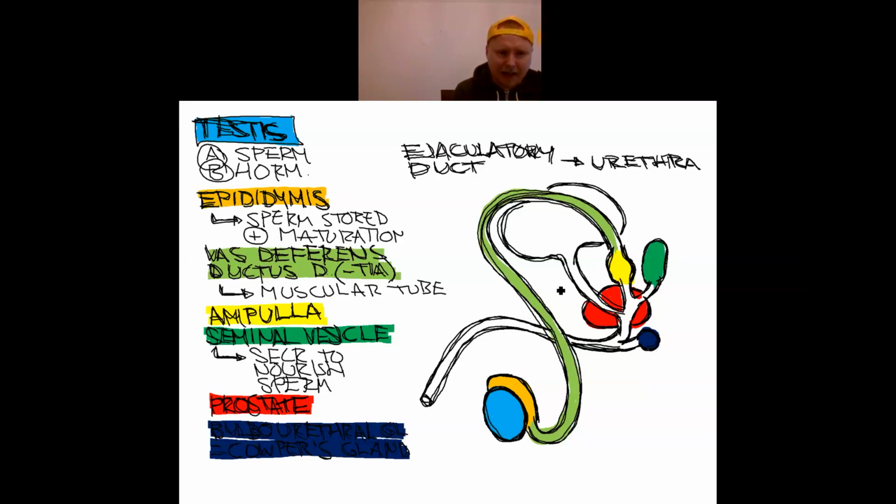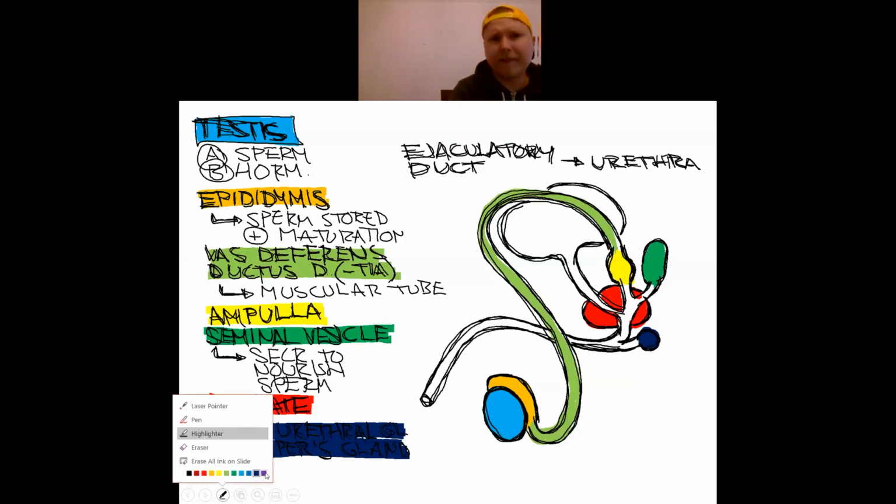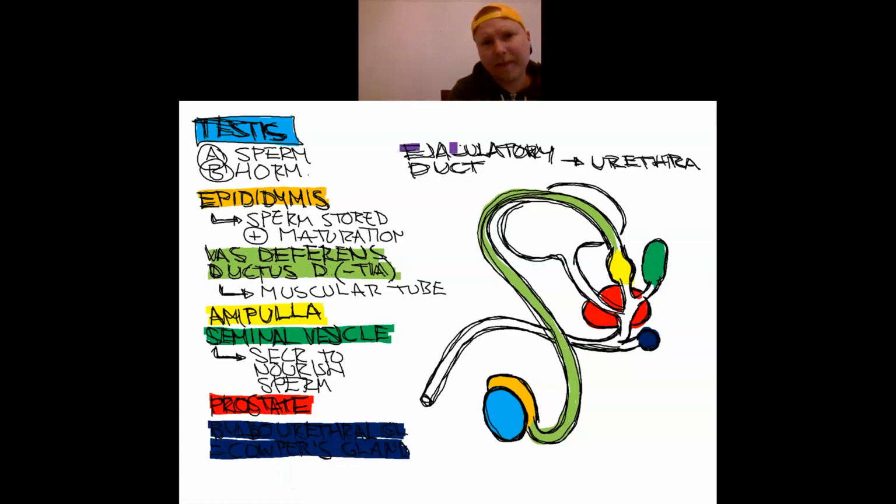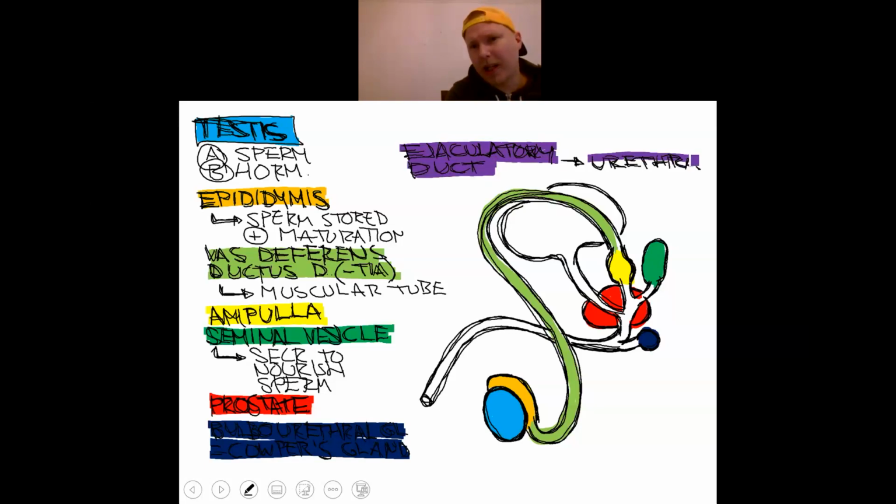And let's add the coloring for this as well. And like I said, it changes from the ejaculatory duct to the urethra. So we're gonna color this tube to make that clear here.